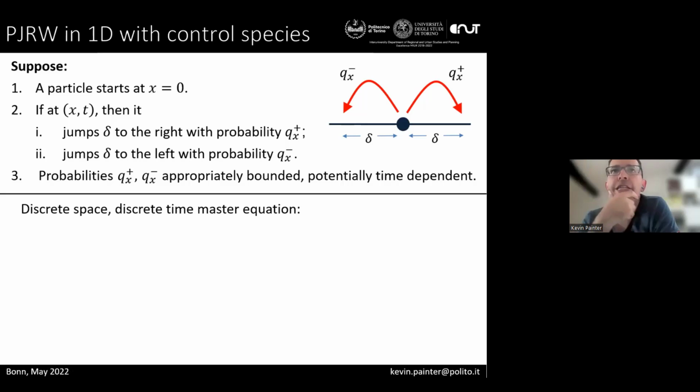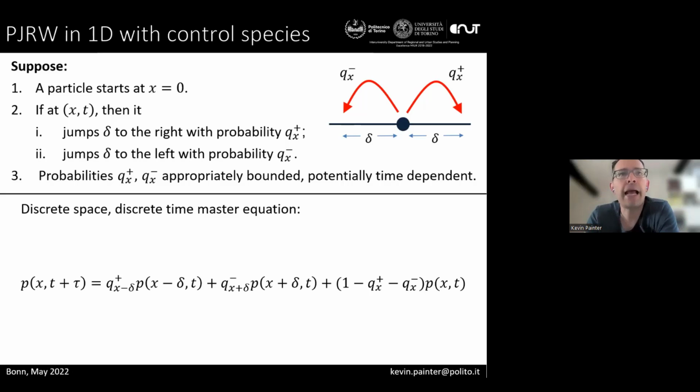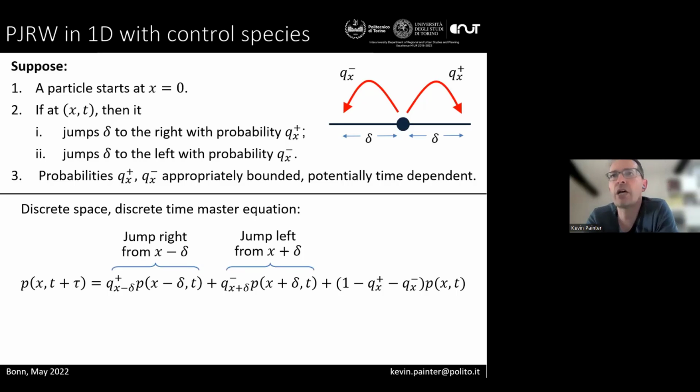So we write down the discrete space, discrete time master equation in this case. And it looks somewhat similar. There's a slight difference here because now we write down the probability of being at position x at time t plus tau. We're going to have terms on the right-hand side where you would have either jumped right from position x minus delta, or jumped left from position x plus delta.